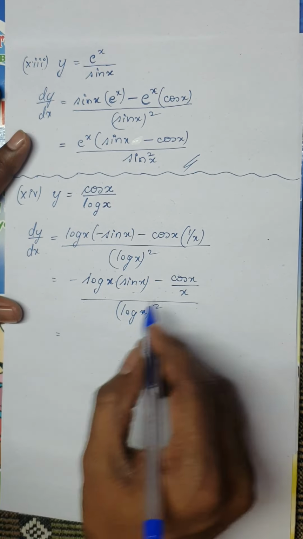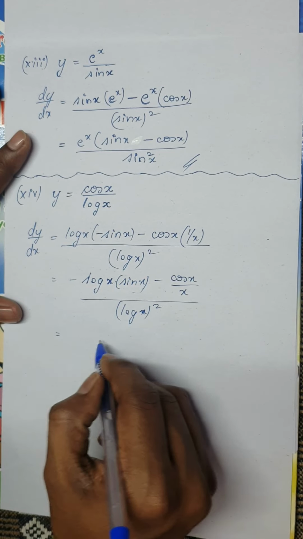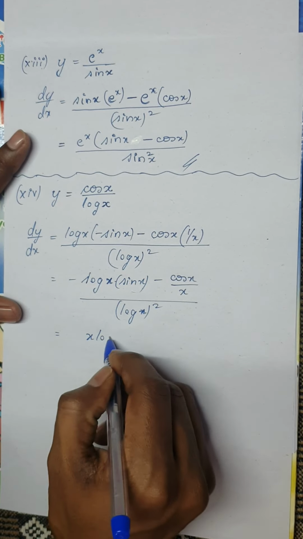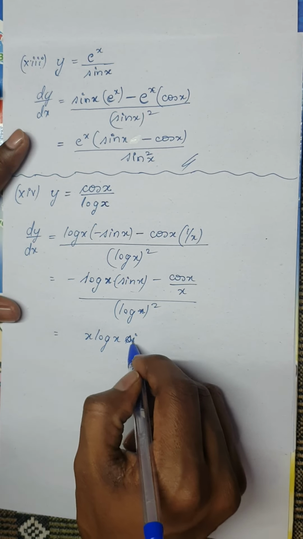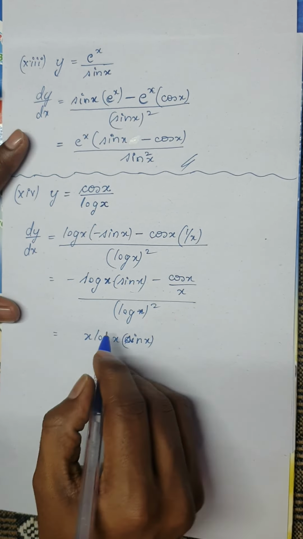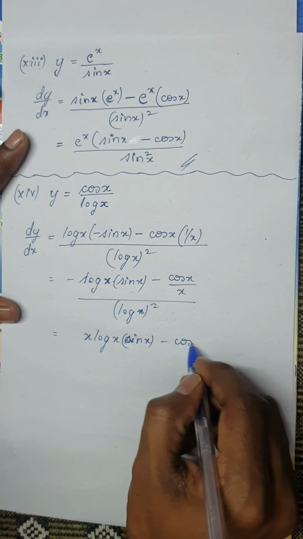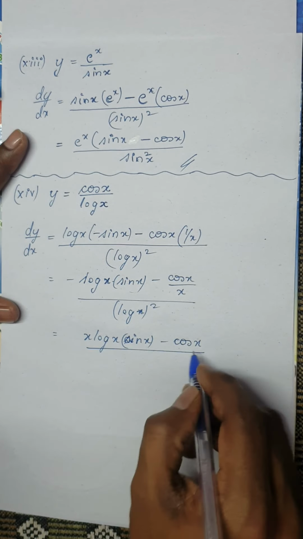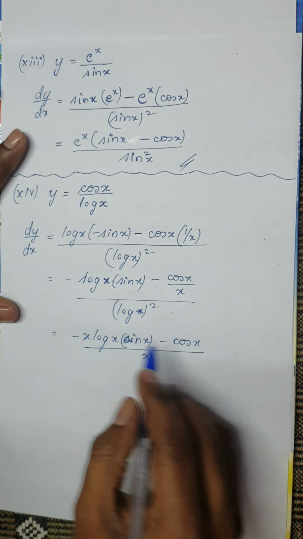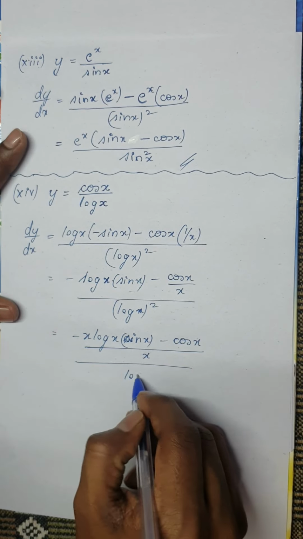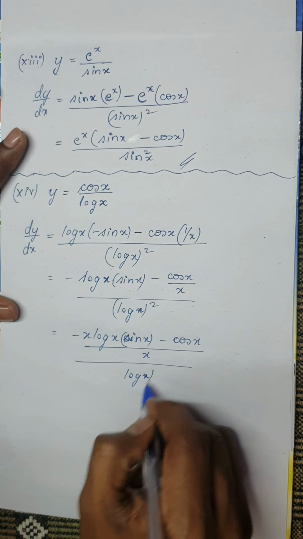If you take the LCM here, I will get x into log x into sin x minus cos x, whole divided by x here. Again I have a minus sign here. This divided by log x whole square.